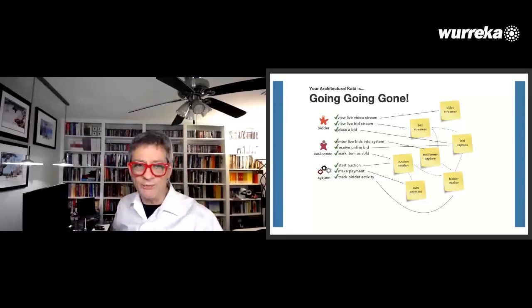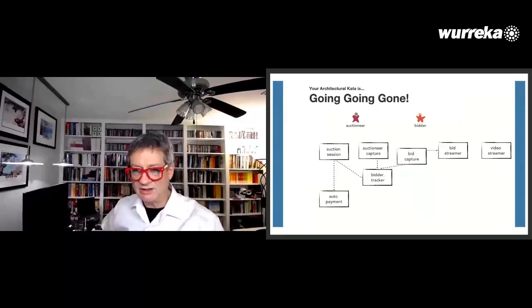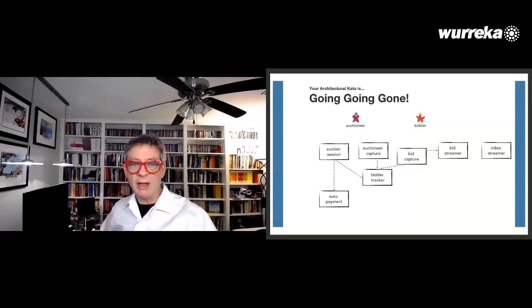Do it as lo-fi as possible, and then once you've iterated on it, you can create something that's a little more pretty. And so now we can take the components that we identified and just make them components and start thinking about how they need to interact with each other.